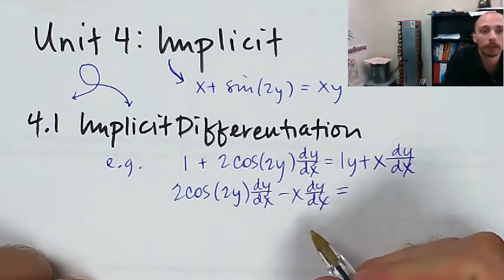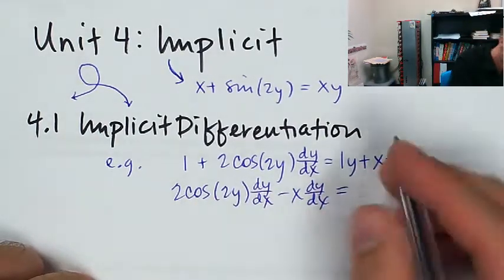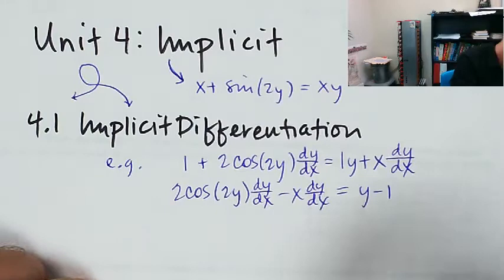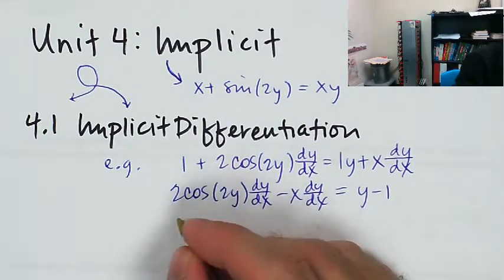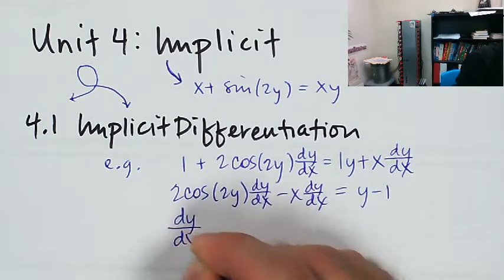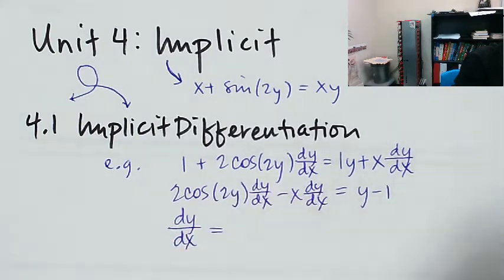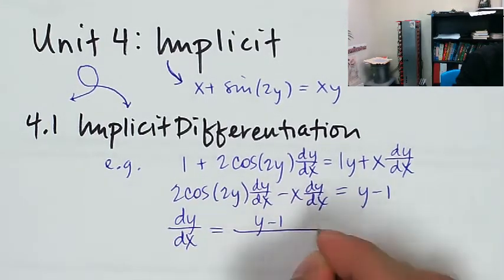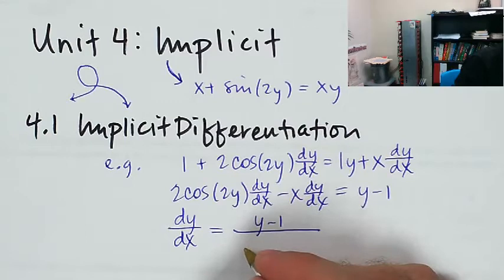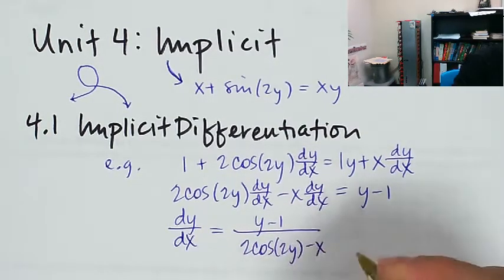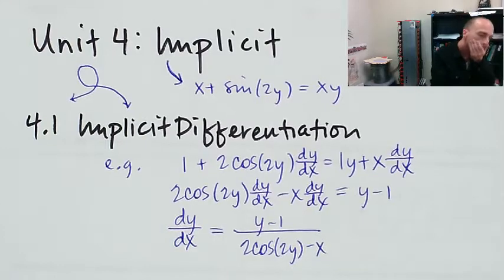And collect everything that doesn't have dy dx to the other side: 1y minus 1, so just y minus 1. Then I factor out dy dx and divide by what's left, so it'll be y minus 1 divided by 2 cosine of 2y minus x.